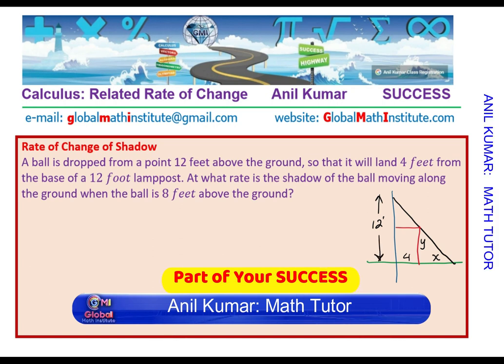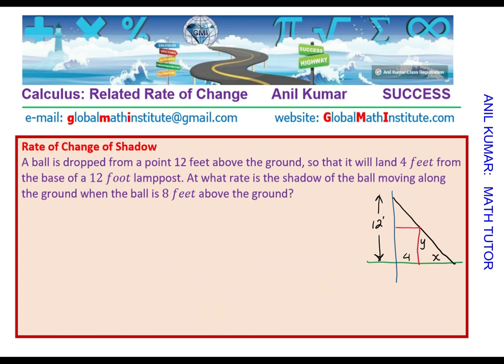Correct. So we can now relate. If you see a small triangle and the big triangle, which are similar triangles, right? So this small triangle is similar to the big triangle. In the big triangle, height is 12 and the base is 4 plus x. Correct.